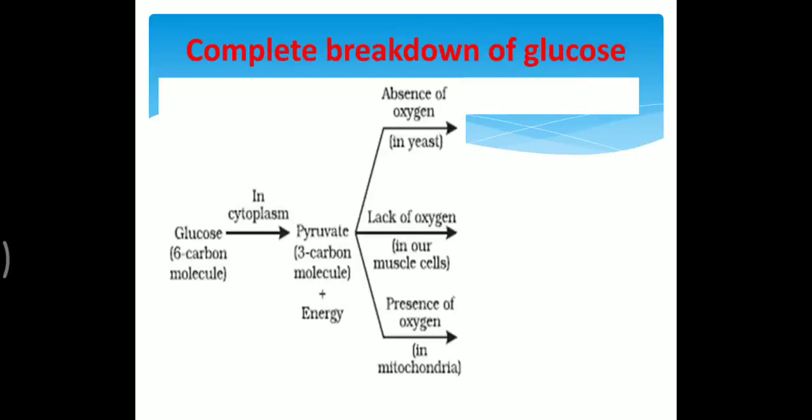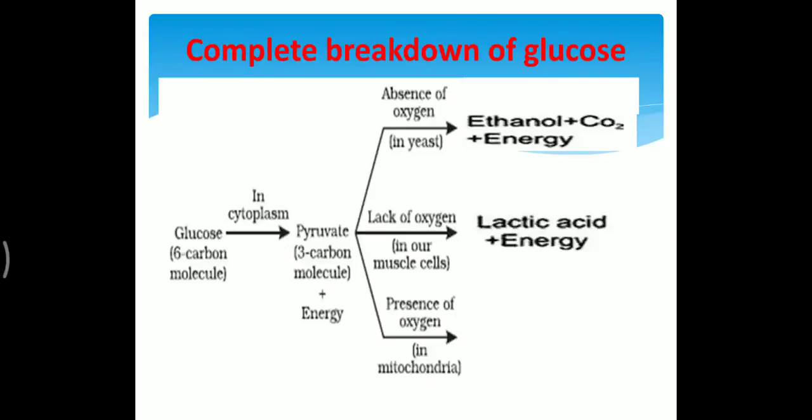In the absence of oxygen in yeast, we get ethanol plus carbon dioxide and very minute energy. Next, the same thing, lack of oxygen in our muscle cells: lactic acid plus energy. Next, presence of oxygen in mitochondria after pyruvate: carbon dioxide plus water plus lots of energy.